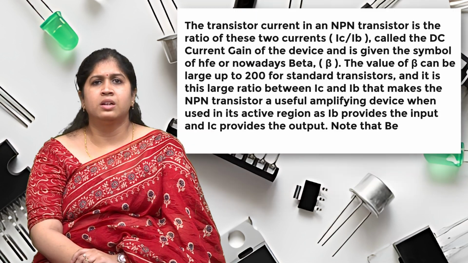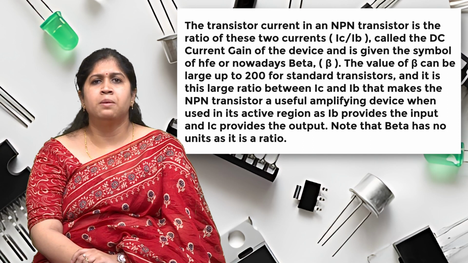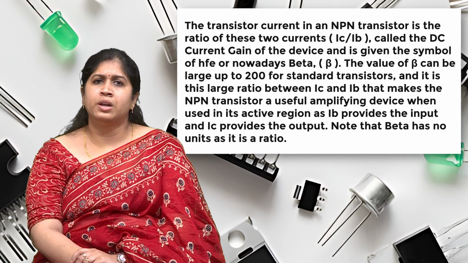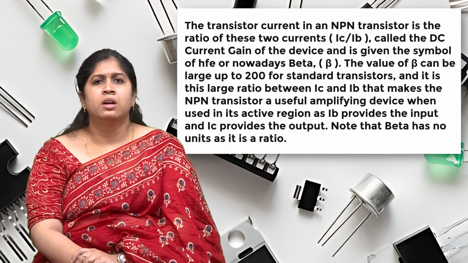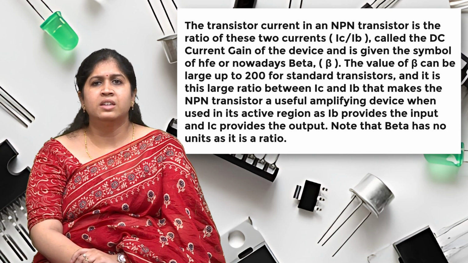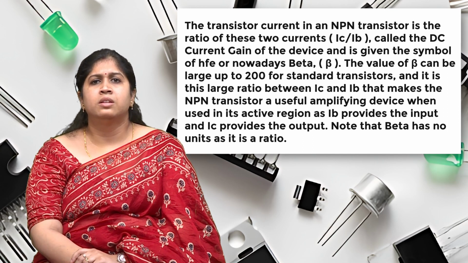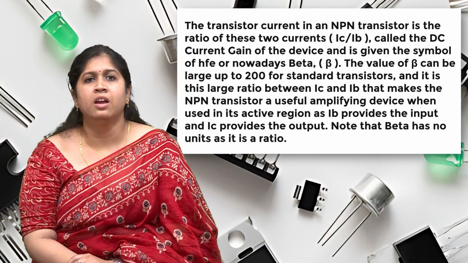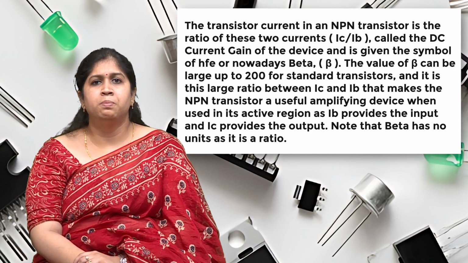The transistor current gain in an NPN transistor is the ratio of these two currents, IC by IB, called the DC current gain of the device, and is given the symbol HFE or nowadays beta.